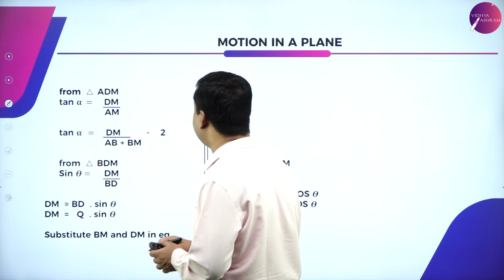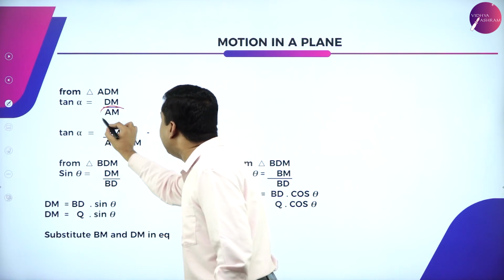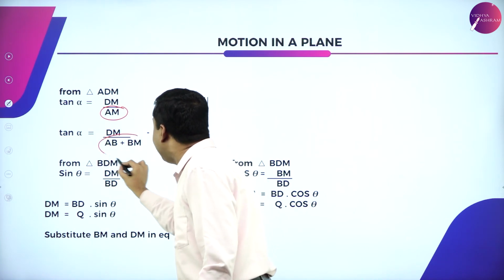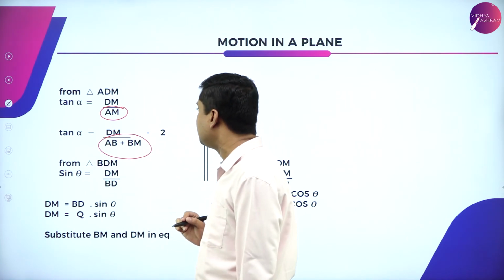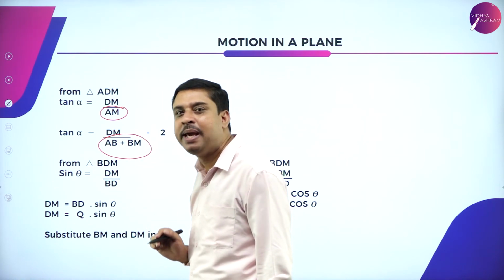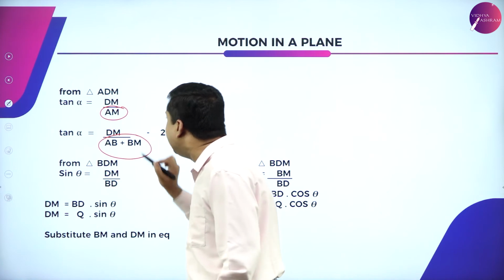So that is what I have written here. Again, AM is split as AB plus BM. I know the value of AB, it is P. I want the value of DM and BM.